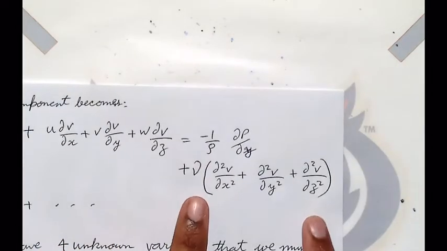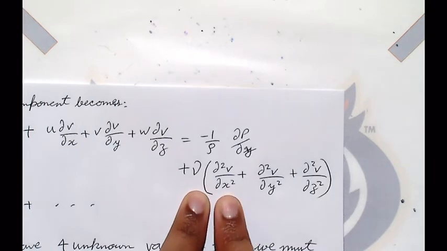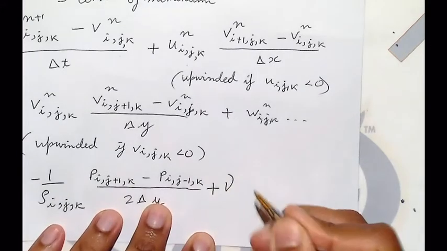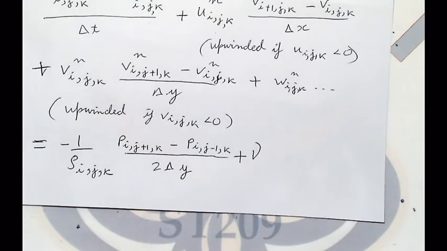Let's see what's left. Three more discretizations to do. This is the second derivative in x. Let's do just the first one, and the rest you can do on your own. So mu times d2v dx squared. Should I write mu ijk? Yes, the same as rho. If rho depends on ijk positions, the viscosity can change too.